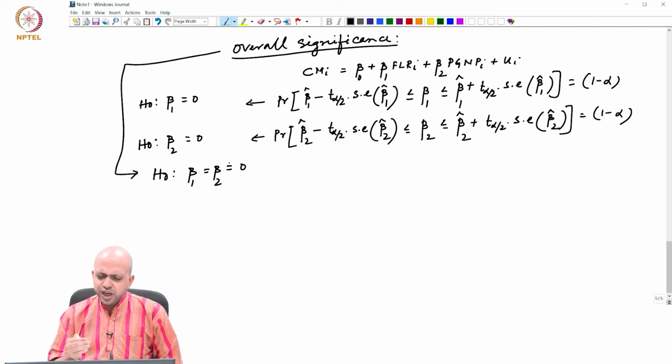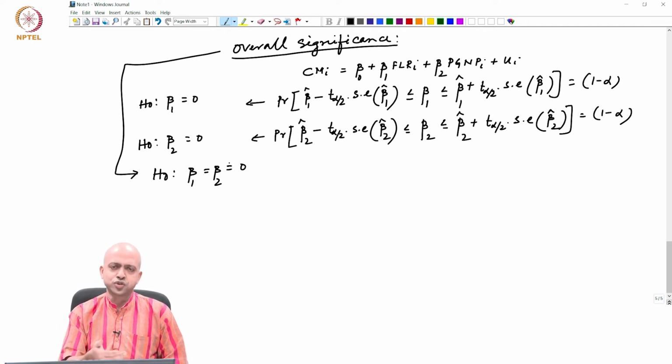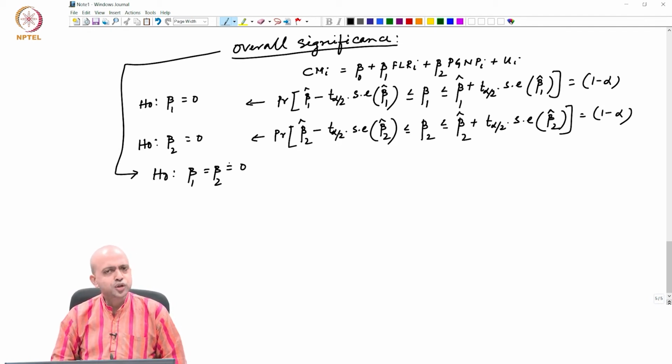So, obviously, we can understand one thing from this model. If we have already tested the individual significance of the variable following the t statistic or the interval approach, what is the necessity of putting this null hypothesis once again? Can't we conclude anything about this on the basis of the individual significance of the variable?